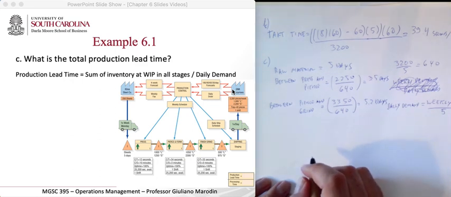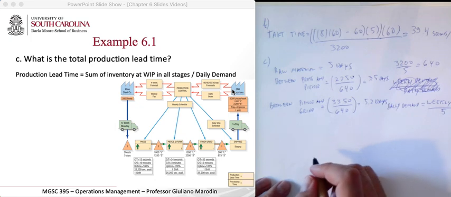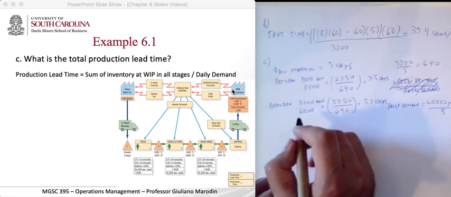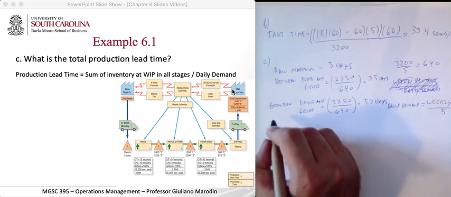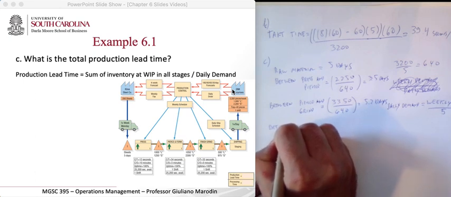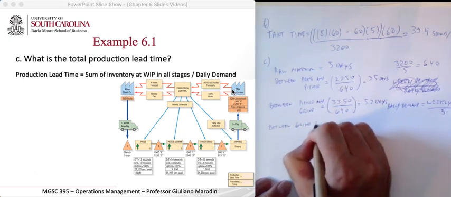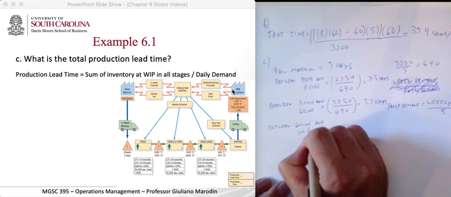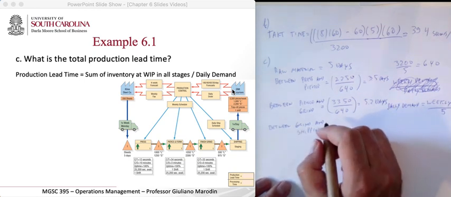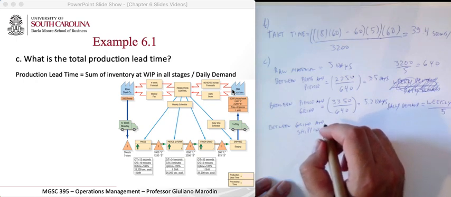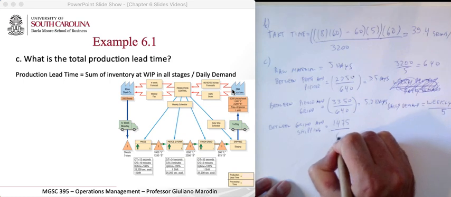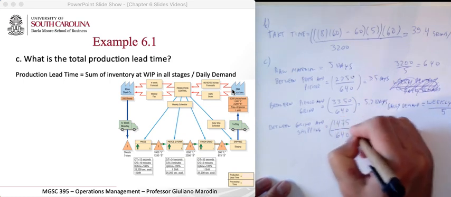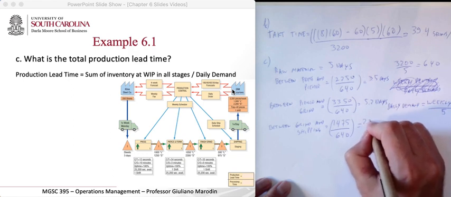And then the last one, between grind and shipping. That's 500 plus 975, so 1,475 divided by 640. That's going to be 2.3 days.